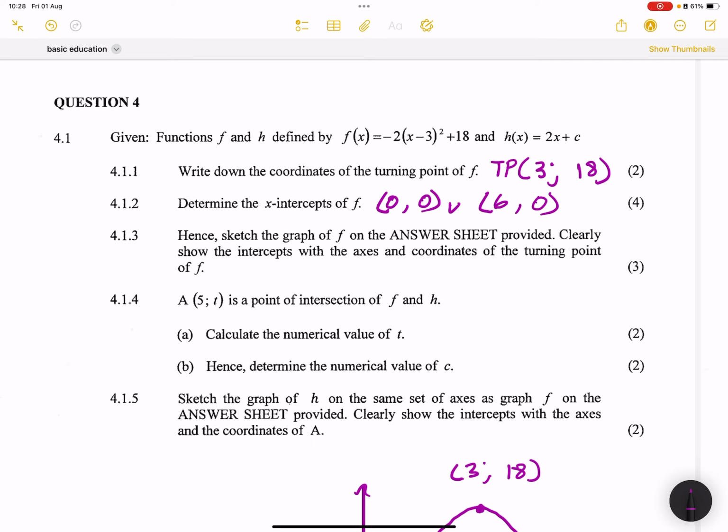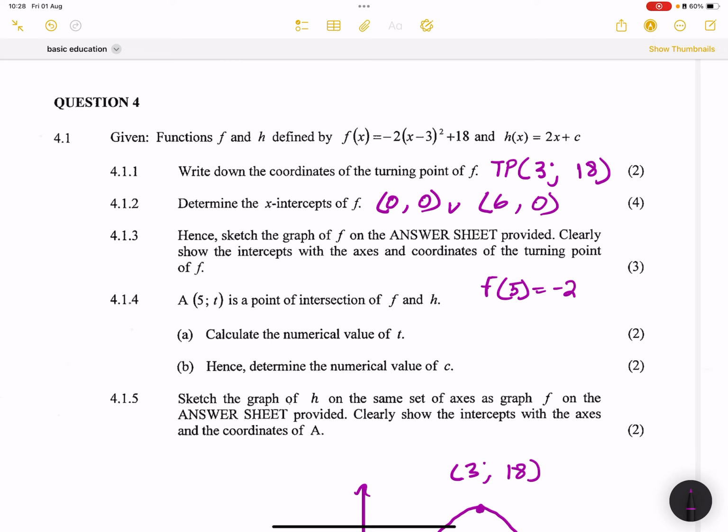Now they say to us, A is a point 5 and t is a point of intersection of f and h. Calculate the numerical value of t. If it is a point of intersection, we need to find the value of t by simply saying f of 5. Everywhere we see x, we're going to substitute 5.